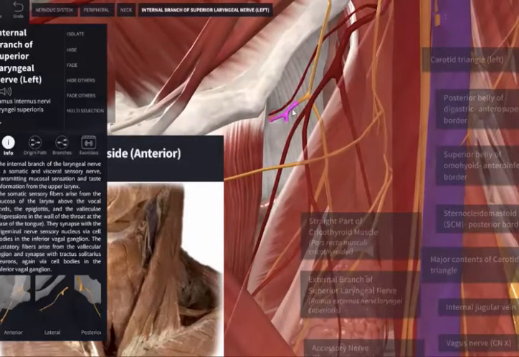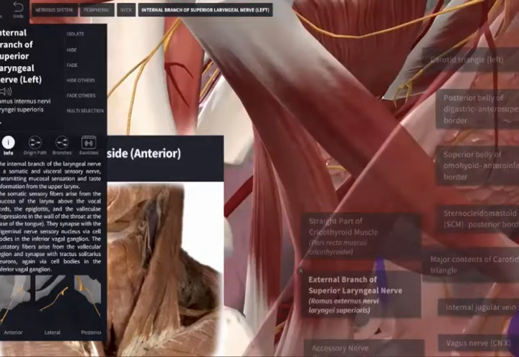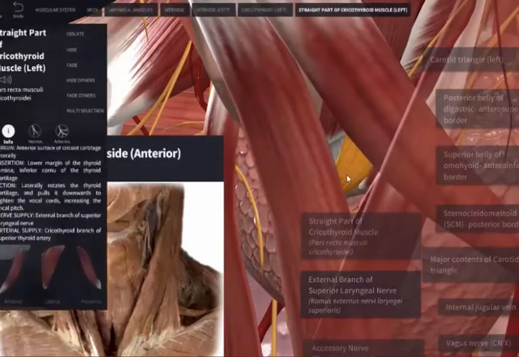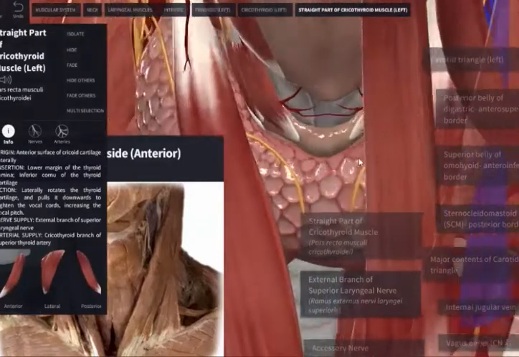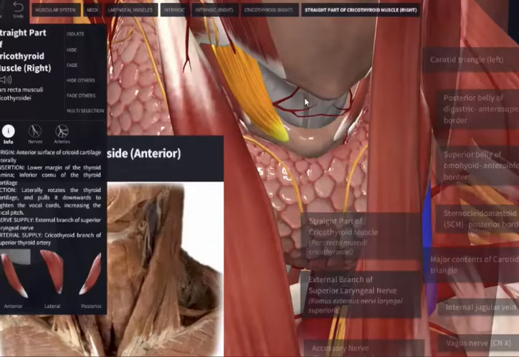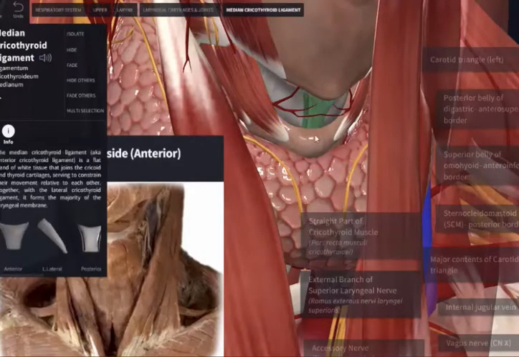Please note that as this is the internal branch, that means there should also be an external branch, and sure enough there is. It goes all the way down here, and it goes to the cricothyroid. The cricothyroid is this little muscle that you can see right here, and also on the other side. In the middle you have the cricothyroid ligament.